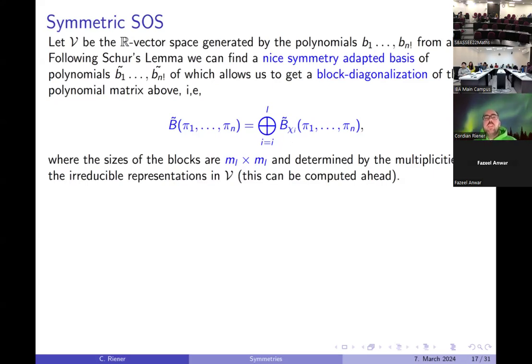We had already seen yesterday that I can compute the sizes of these blocks and so on with characters, so this can be done all very explicitly. All the information you can read out ahead of time.